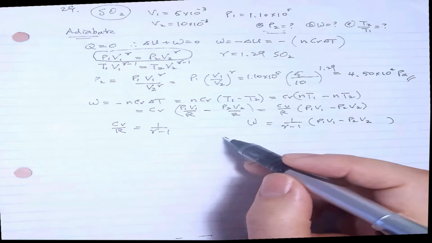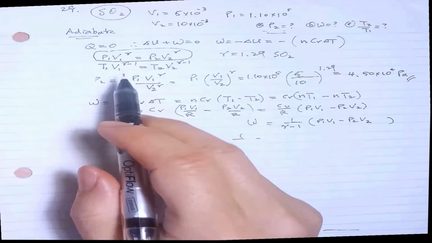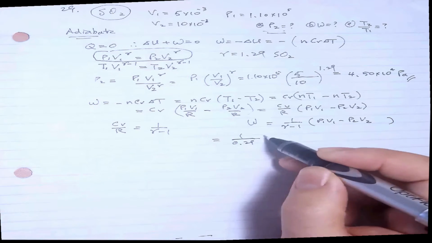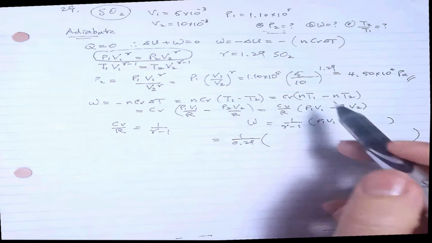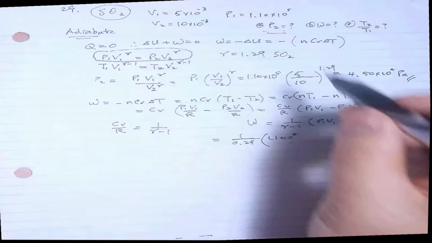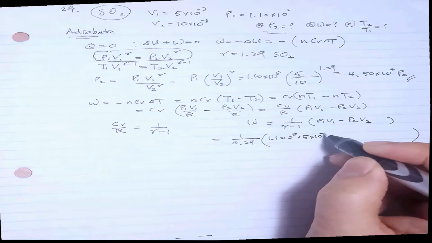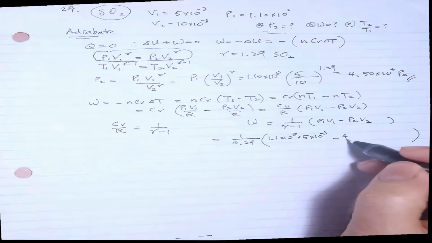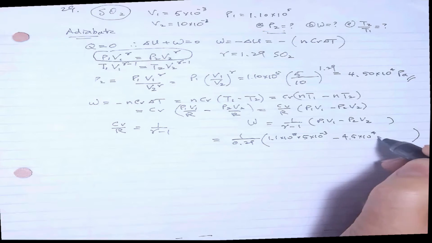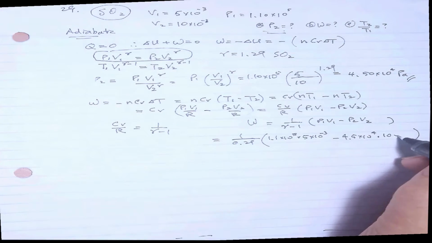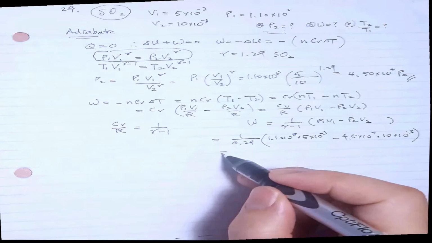So if you plug in all the numbers, you get 1 over 0.29, times P1, which is 1.1 times 10 to the 5th, times V1, 5 times 10 to the negative 3, minus P2, which we just figured out is 4.5 times 10 to the 4th, times V2, which is 10 times 10 to the negative 3.